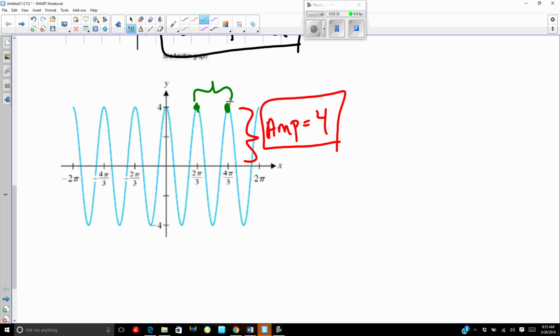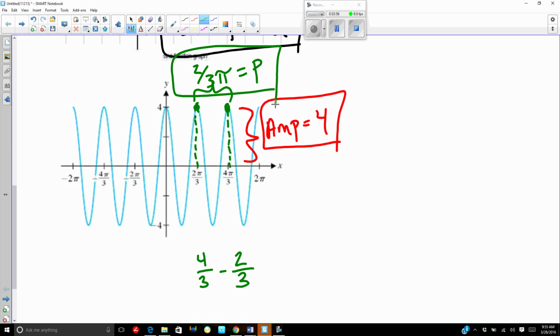If we look down here, it lines up with 2/3 and 4/3. And if you don't know, put 4/3 minus 2/3 in your calculator to see what that length is. 4/3 minus 2/3 is just 2/3. So that's the length of each wave, 2/3 pi. So that's our period for that third graph.